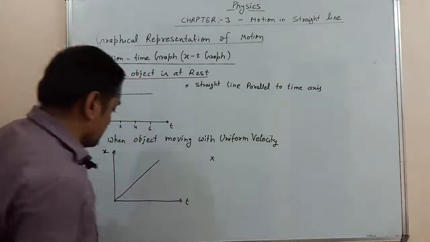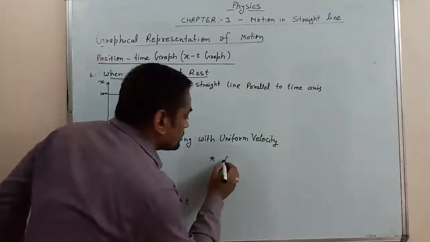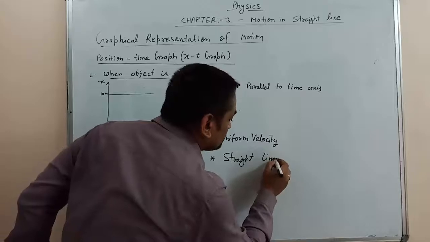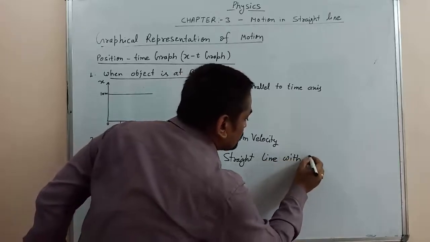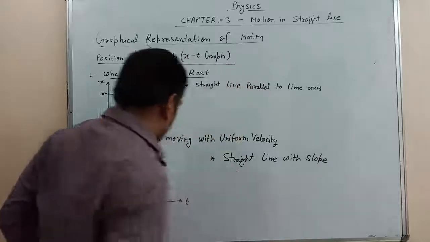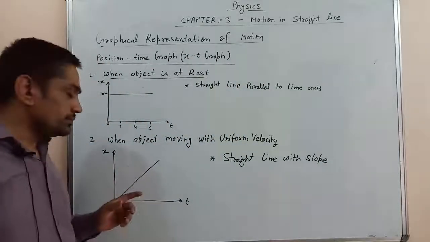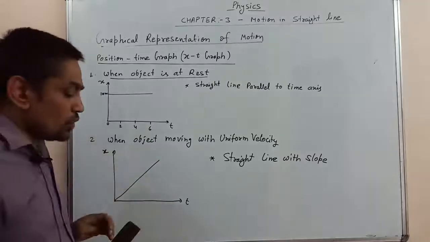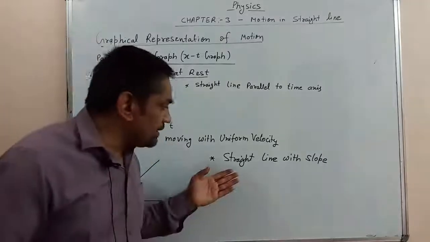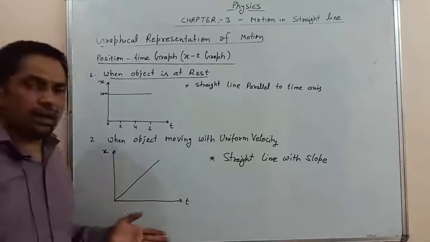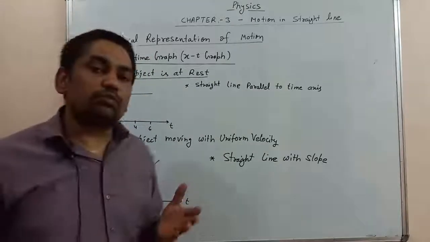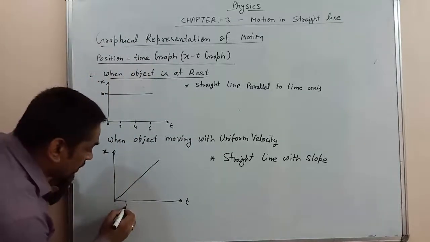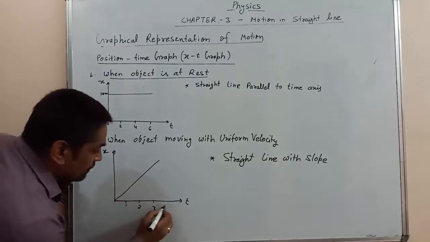So what kind of graph is this? A straight line with a slope. It is a straight line also, but it is not parallel to the time axis. So the straight line in the x-t graph represents that the object is moving with uniform velocity. How? We take 1 second intervals: 1, 2, 3, 4.